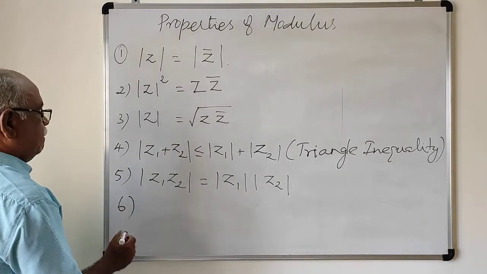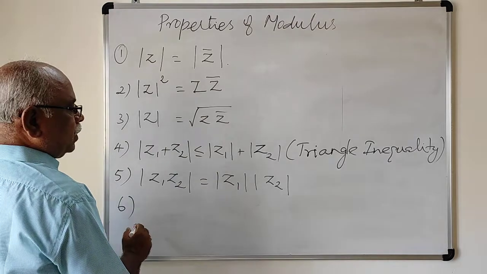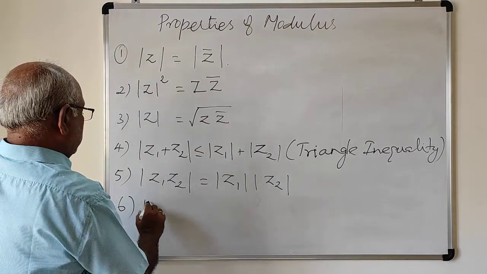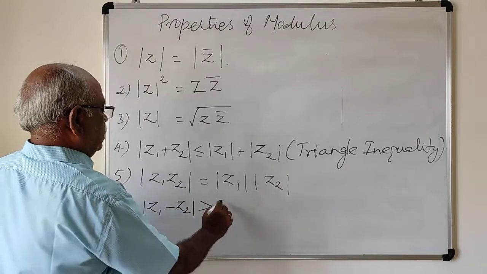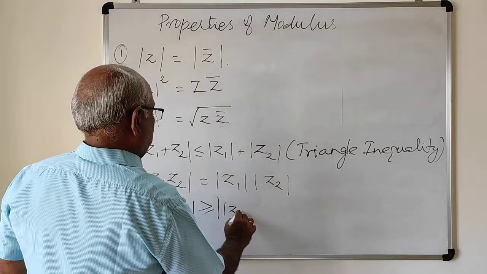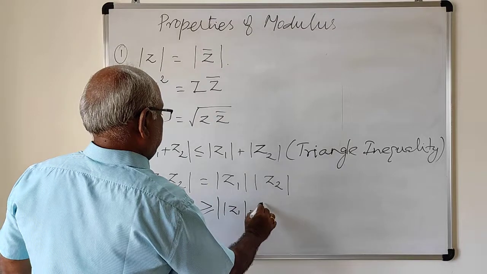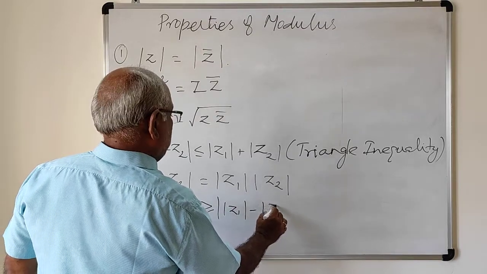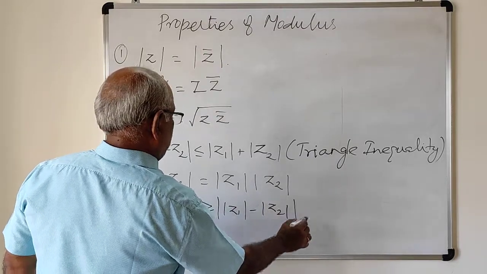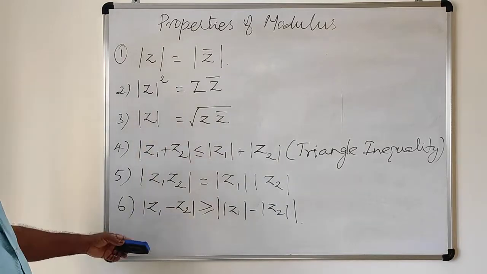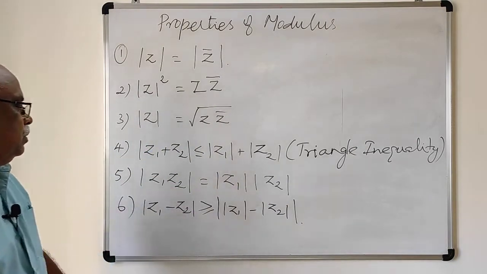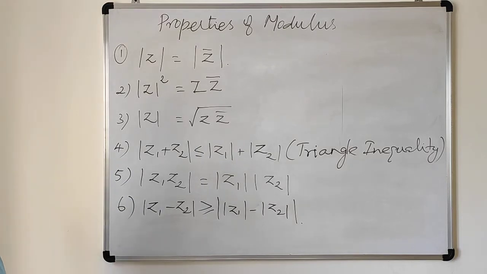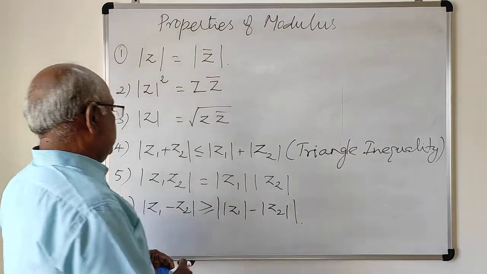Sixth one is modulus of z1 minus z2 is greater than or equal to mod of z1 minus mod of z2. This is the property. Okay, seventh one.